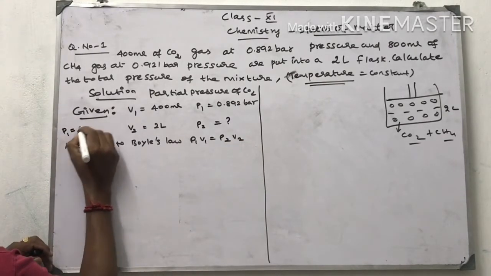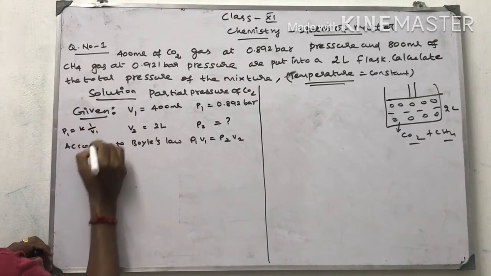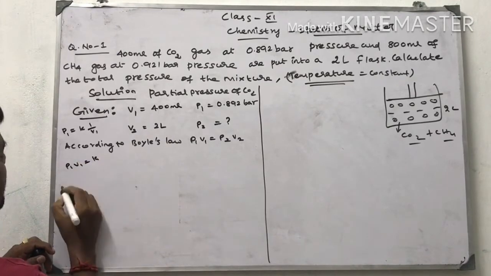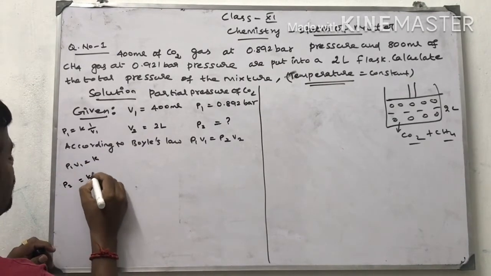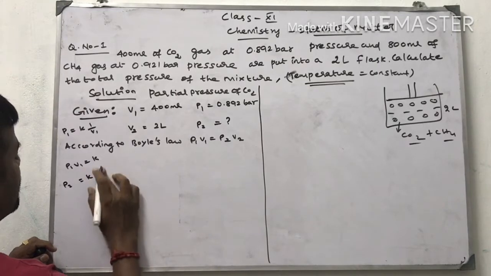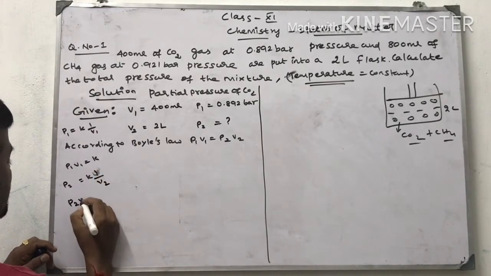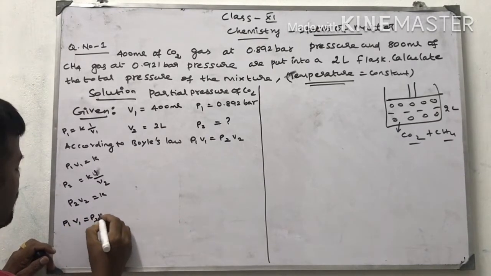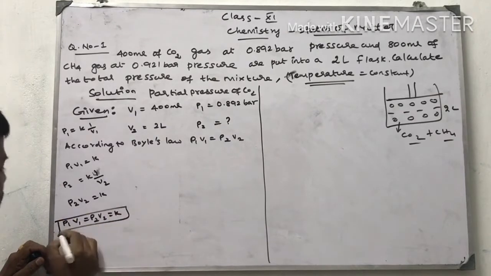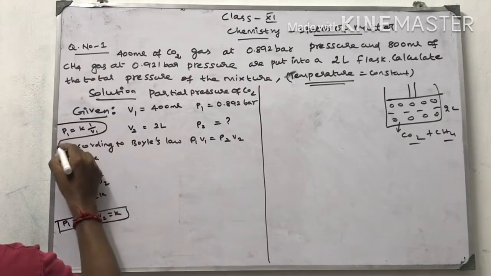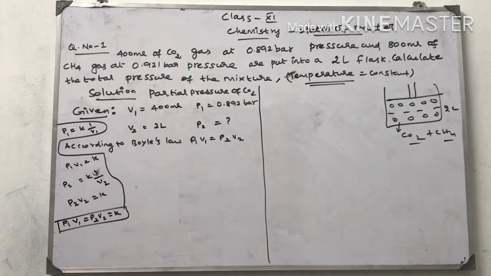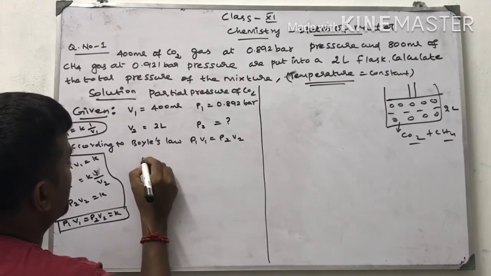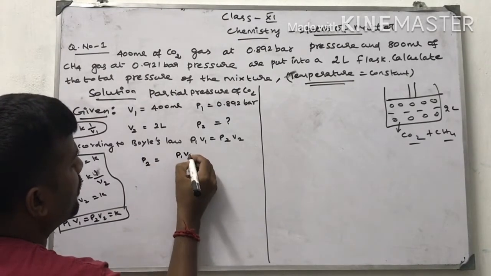P is proportional to 1 by V. So P1 is equal to K into 1 by V1, therefore P1 V1 is equal to K. Like that we take P2 is equal to K into 1 by V2, so P2 V2 is equal to K. Therefore P1 V1 is equal to P2 V2 is equal to K. In this way we get this equation. So this is the Boyle's law equation. We want only P2 here. P2 is P1 V1 by V2.